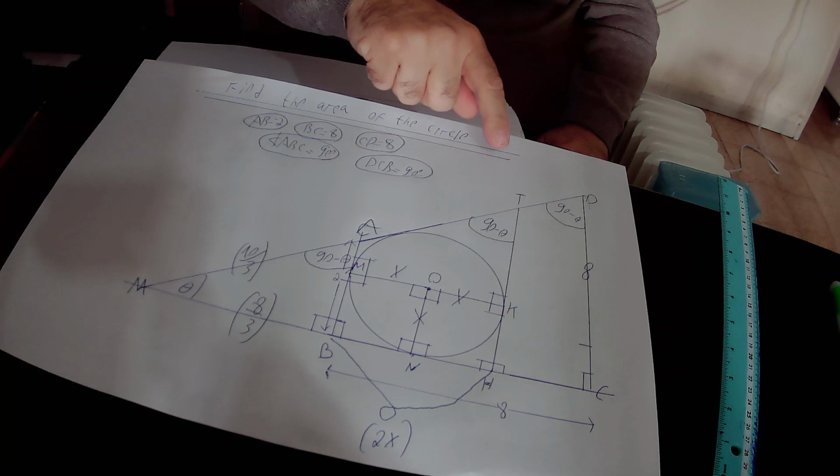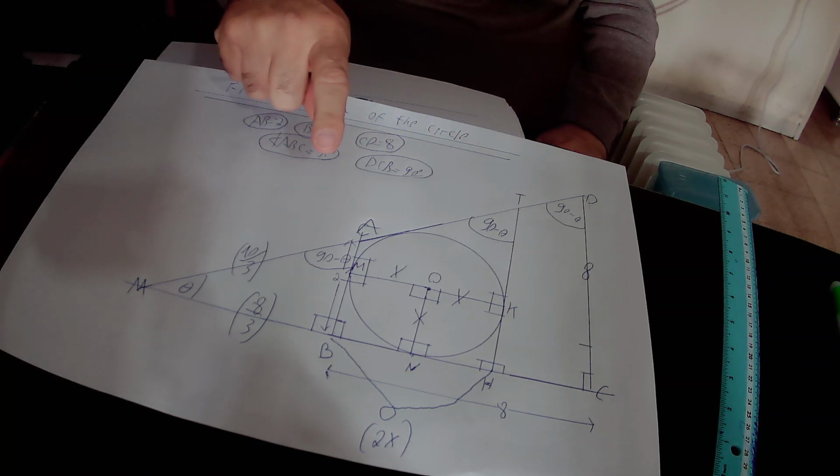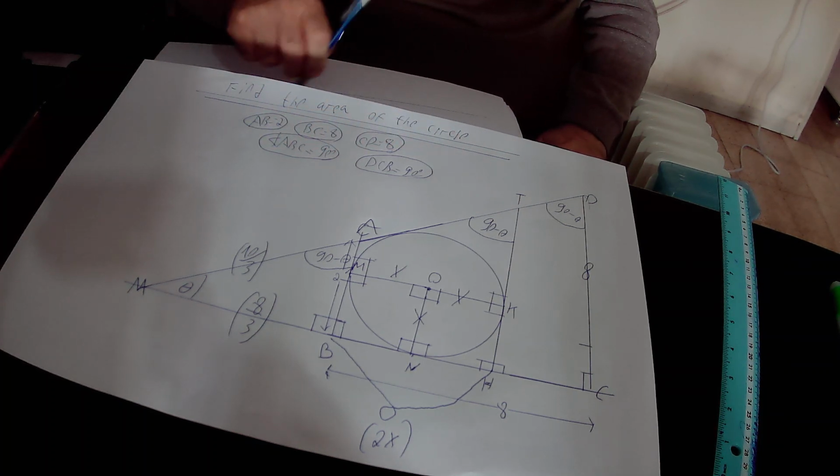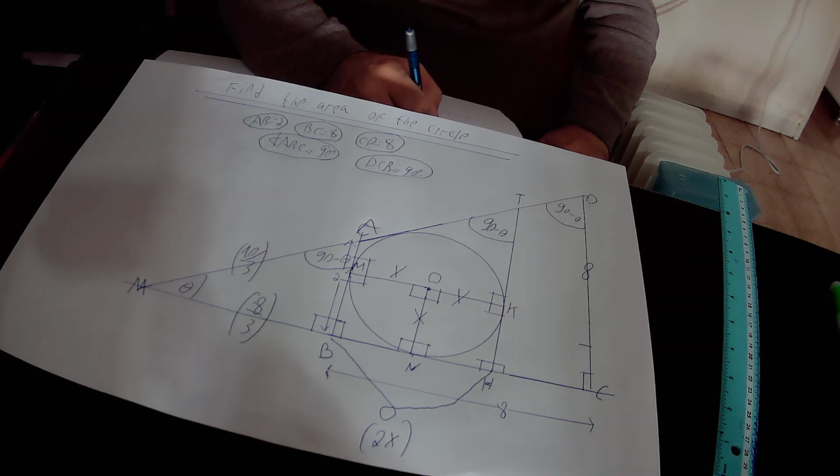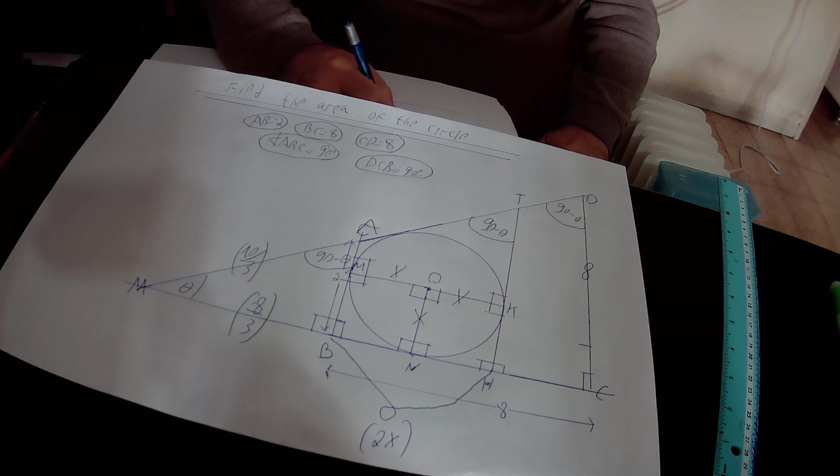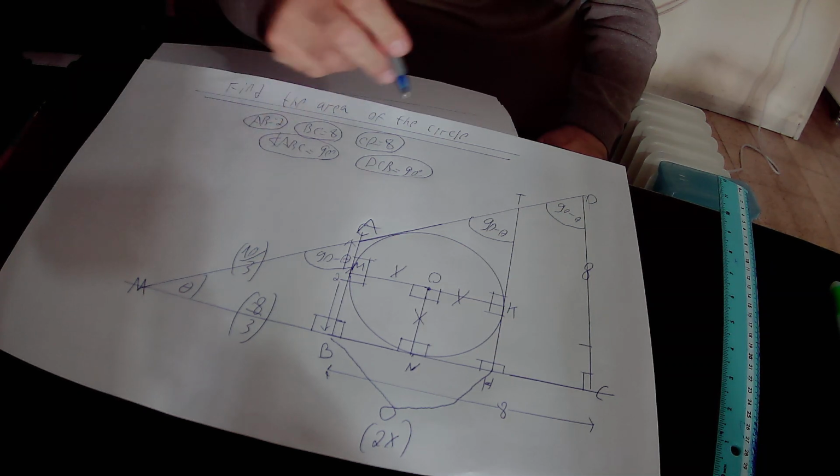You can define angle theta as angle TMH, and you can also define angle theta as angle AMB.